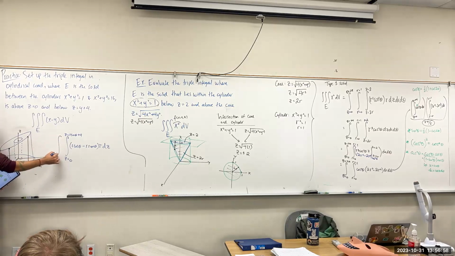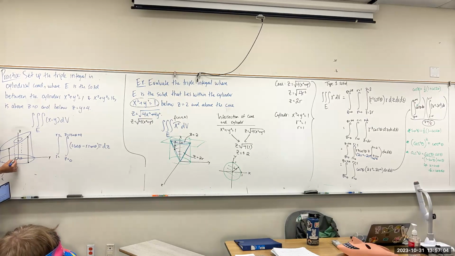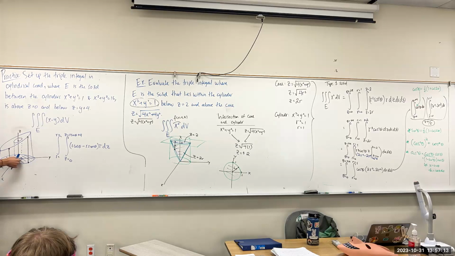Now let's see what r is going to do. Notice inside there's this circle, so you're not using the inside part of the circle, right? So your r is going to stretch.